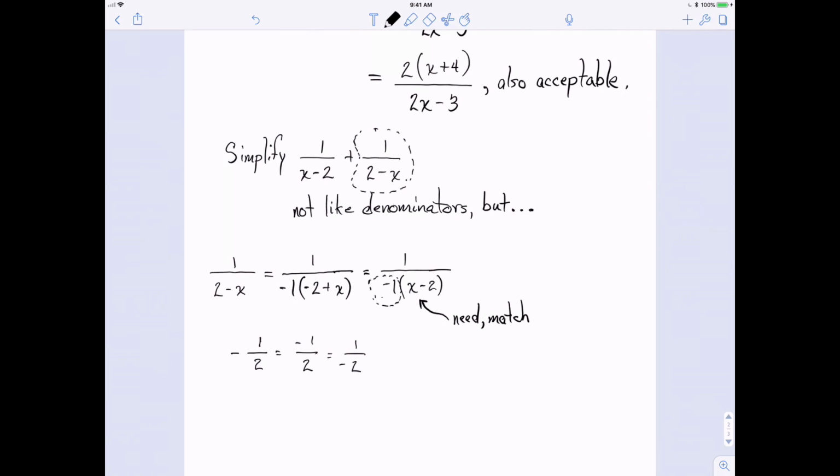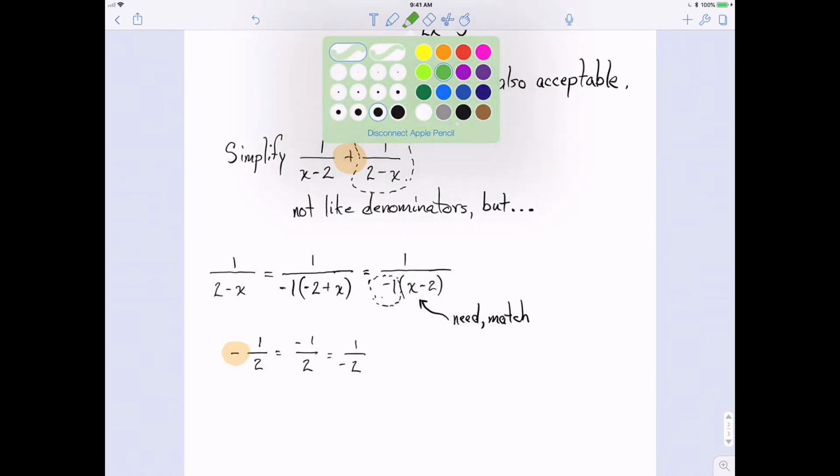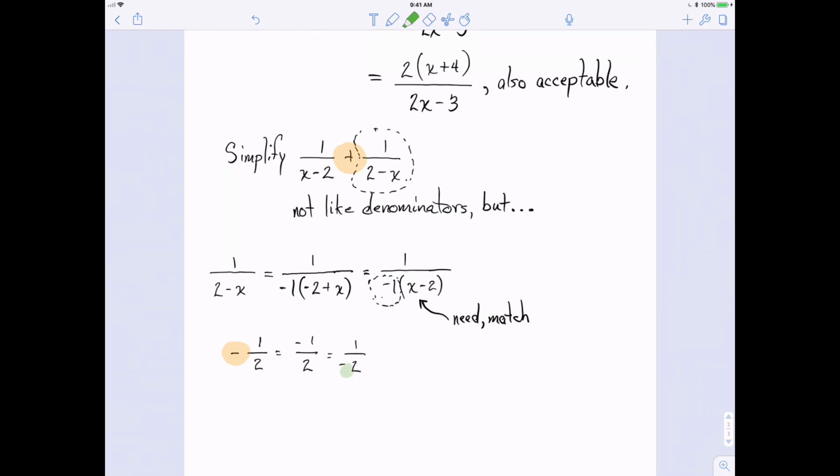So we're going to move the minus sign from the denominator into the numerator as negative 1 over x minus 2.